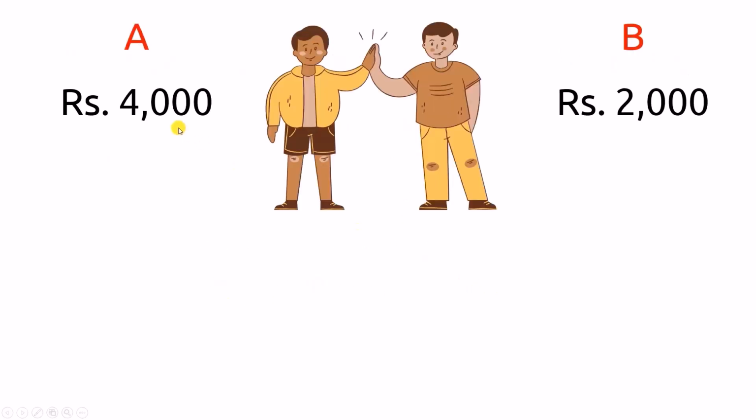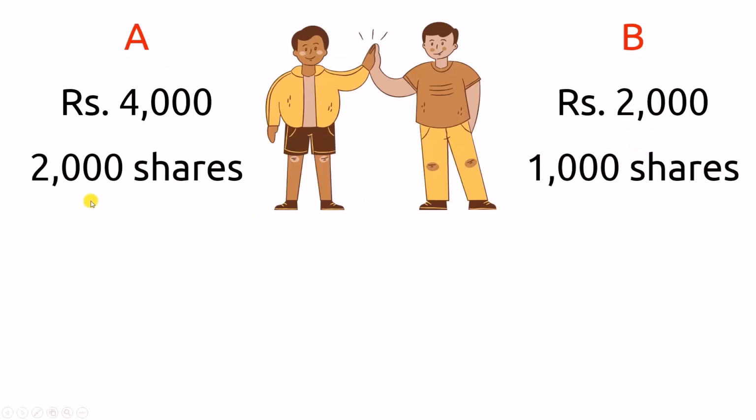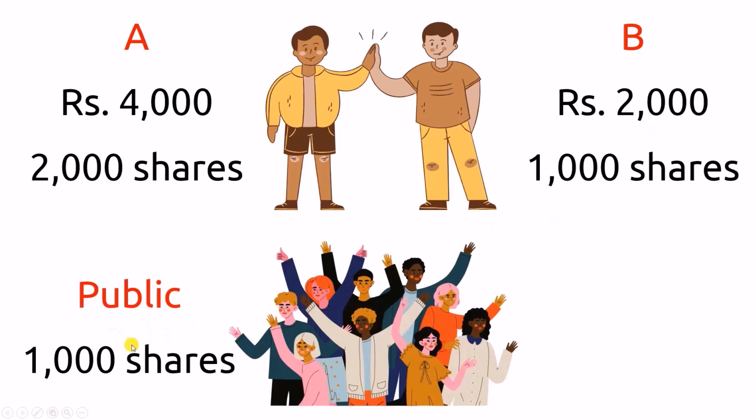Person A, who has contributed 4,000, and person B, who has contributed 2,000 rupees, keep 2,000 and 1,000 shares to themselves, and the rest is offered to the public through an IPO. The public buys the 1,000 shares in the IPO and they get their 2,000 rupees to start the industry. So this is what we have seen till now.